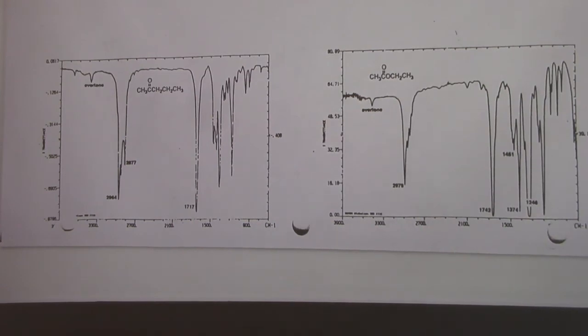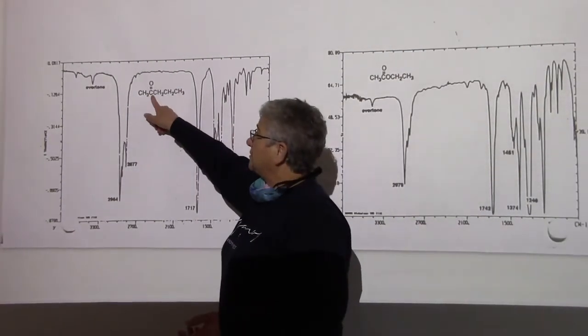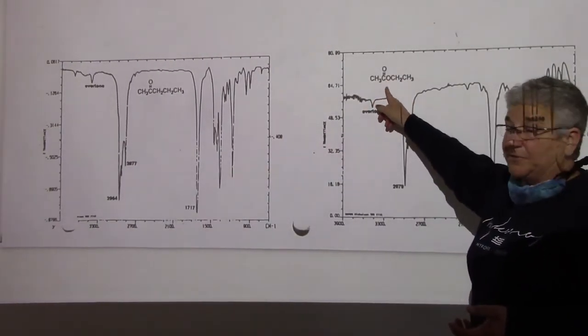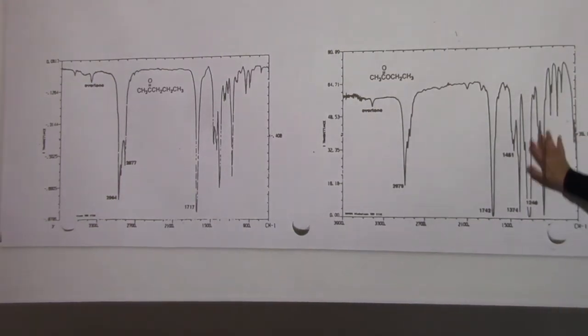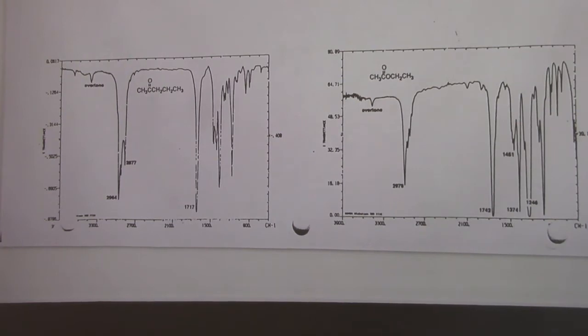And so what I'm trying to say to you is that on a test, I would not ask you to differentiate these 2 molecules. This one, if you look at the functional group, is a ketone, this one is an ester, right? They both contain a carbonyl, and then everything else is distinguishing them down in the fingerprint region.